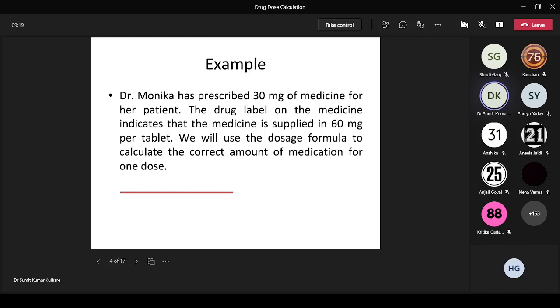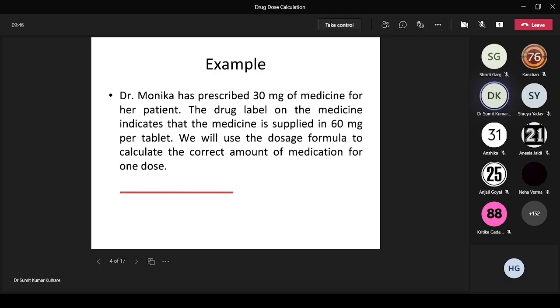She wants her patient to take 30 milligram of drug, but in the market the tablet available is in 60 milligram strength. So now we have to calculate how many tablets a patient should take at a single time.